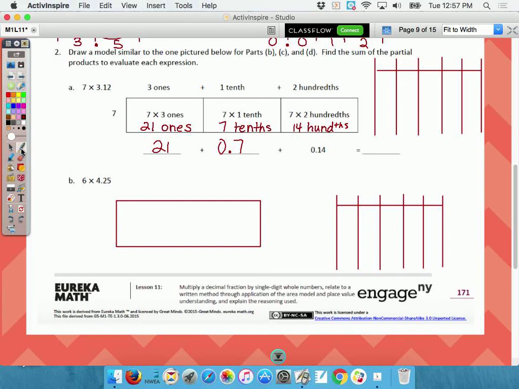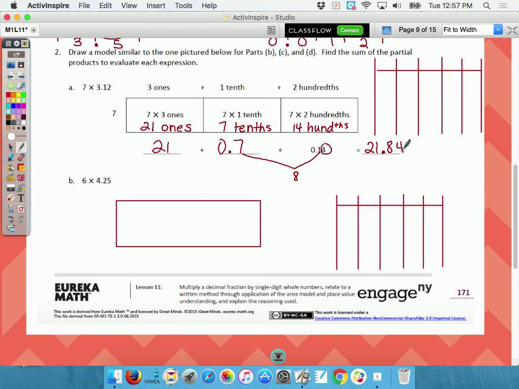Okay, so 21 plus 0 plus 0. 21. Okay, 21 is the whole number. And tenths place: 7 plus 1. 8. Now I've got a 4 left over with nothing to add it to.